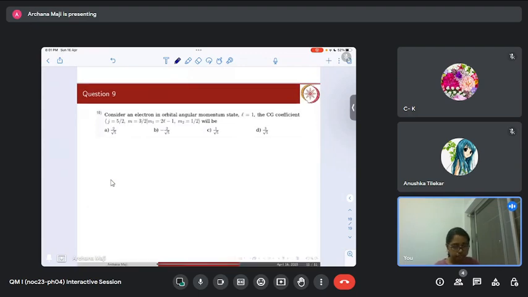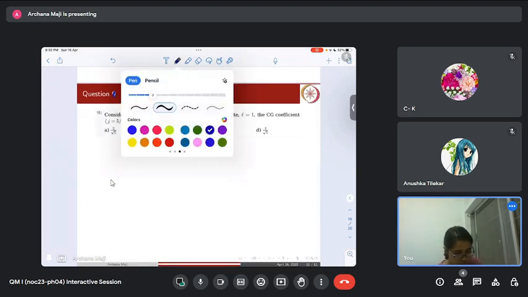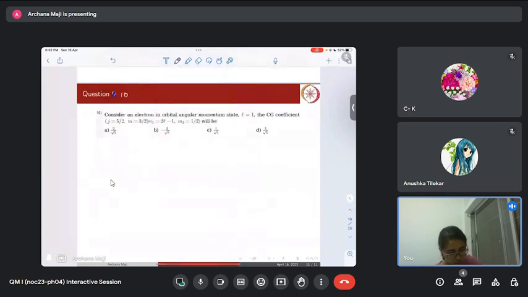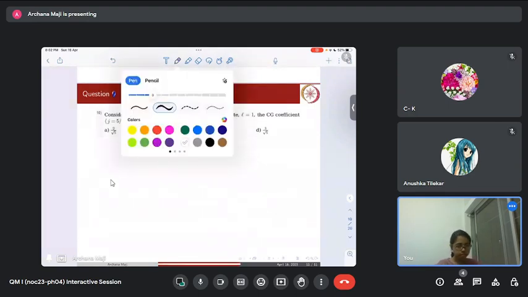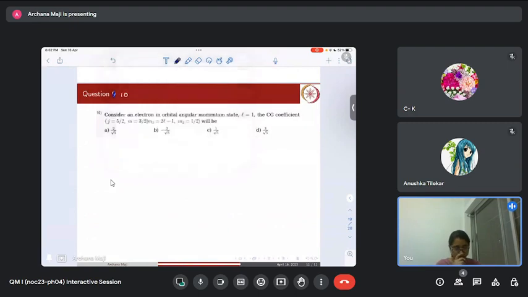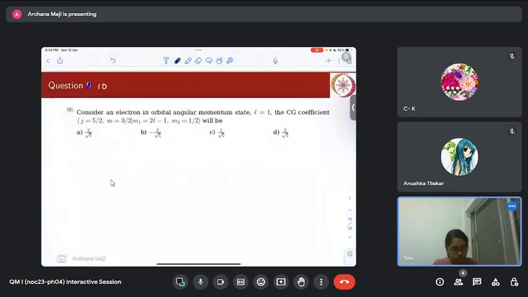Oh, here again I have made a mistake. It should be 10. So many typos. Anyway, this problem is actually not correct as I saw, because it's an electron, so spin is half and L is given to be 1.